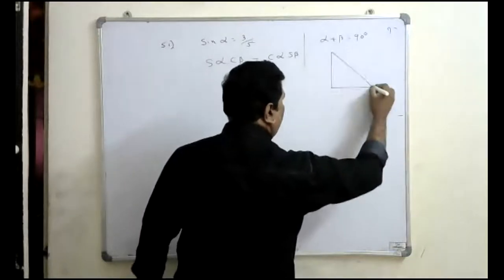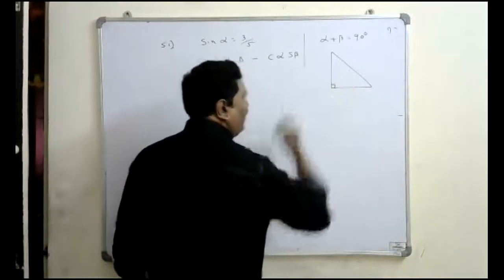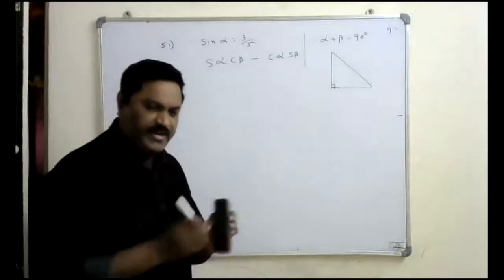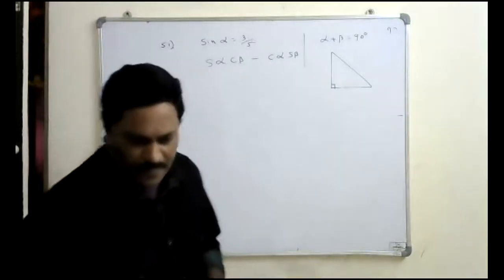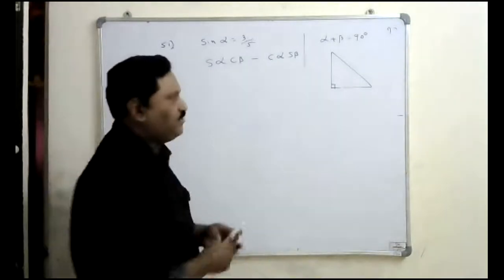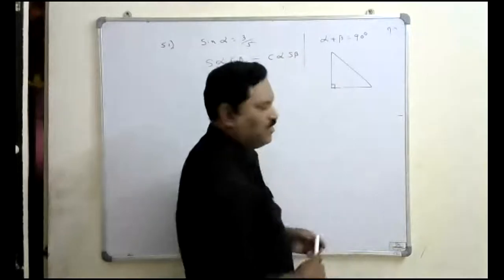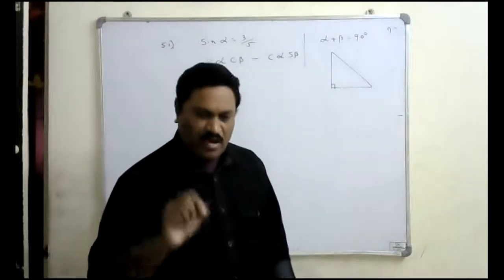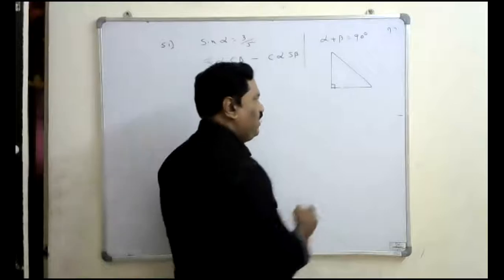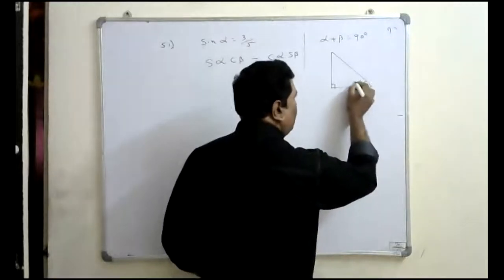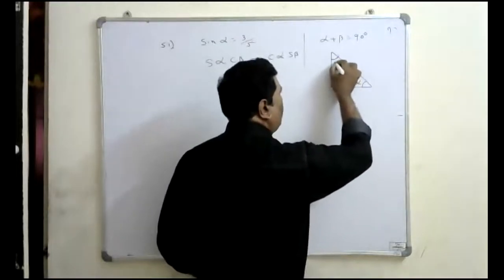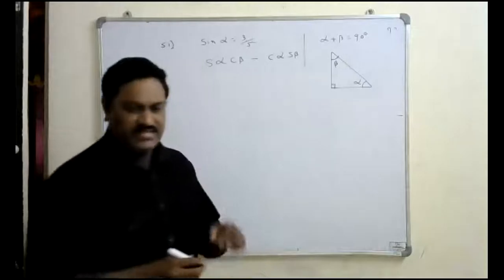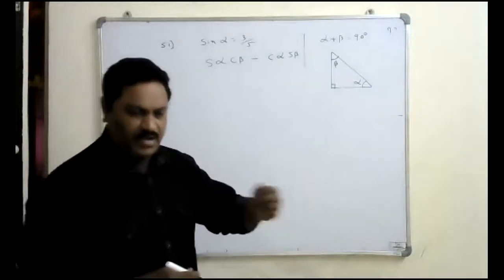In the right angle triangle, if one angle is 90 degrees, what is the sum of the remaining two angles? It is 90 degrees. In a right triangle, the remaining two angles are always complementary angles, in which if one angle is alpha, then automatically the other angle will be beta.